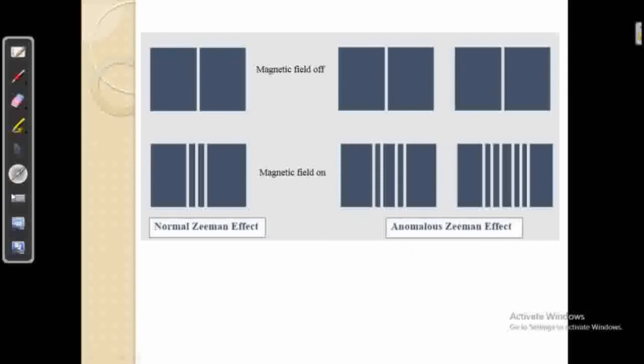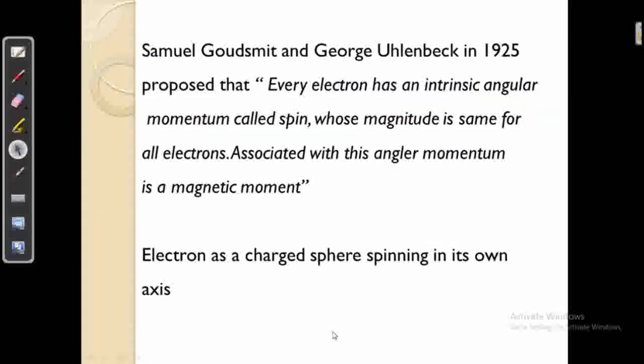In that scenario, two Dutch students, Samuel Goudsmit and George Uhlenbeck, in 1925 proposed that every electron has an intrinsic angular momentum called spin, whose magnitude is the same for all electrons.